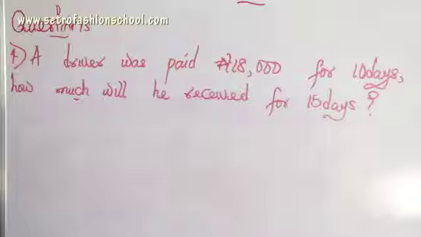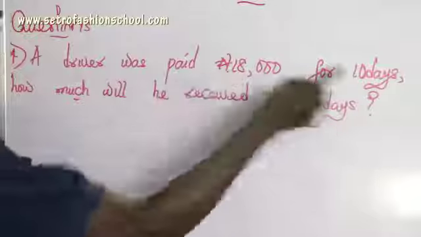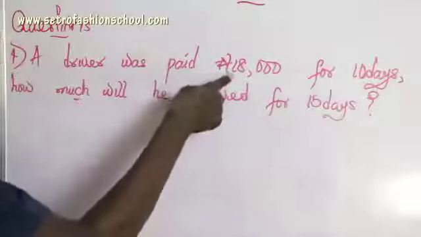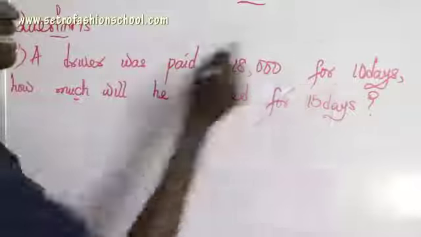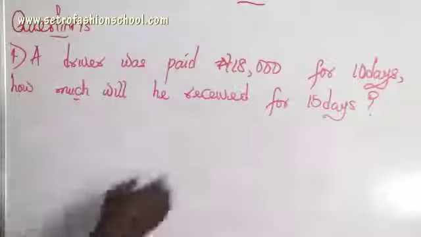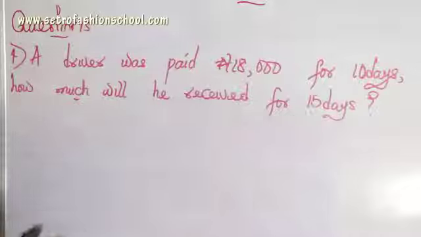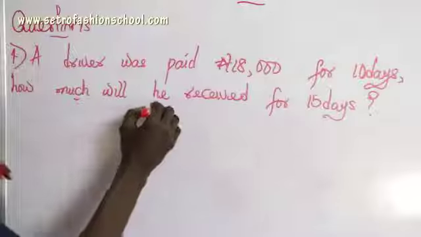And how can you know how much you will be paid for 1 day? What you will do is divide the money for 10 days by 10, which means by the 10 days. Then the answer you get, use it to multiply the 15 days. Then that will be your answer. Now, this is the solving.